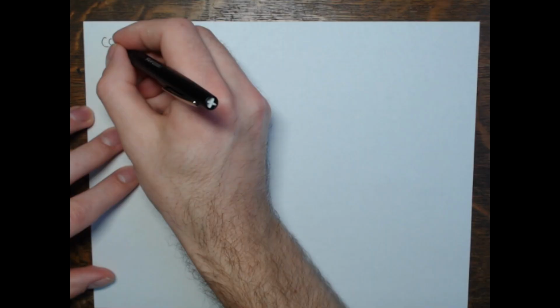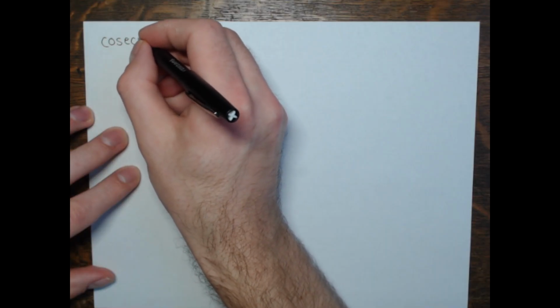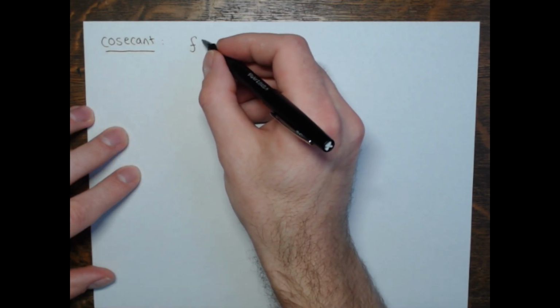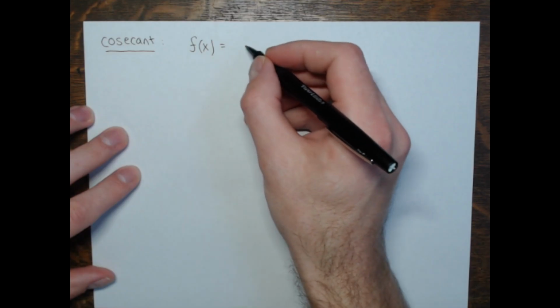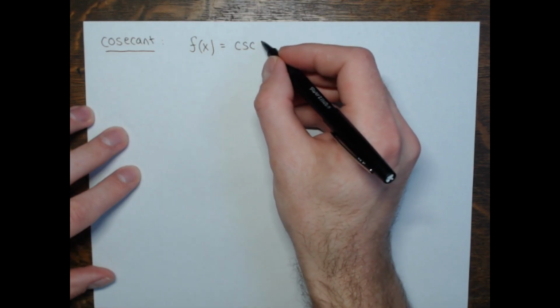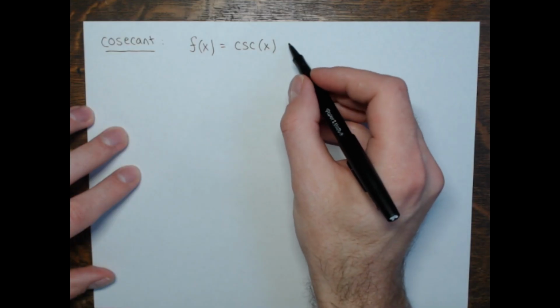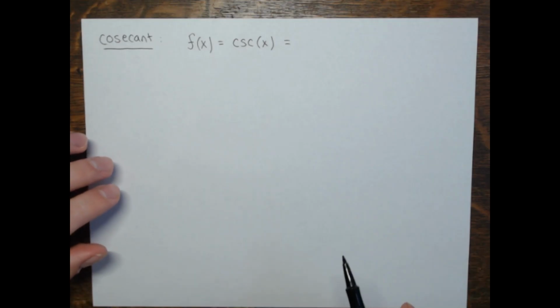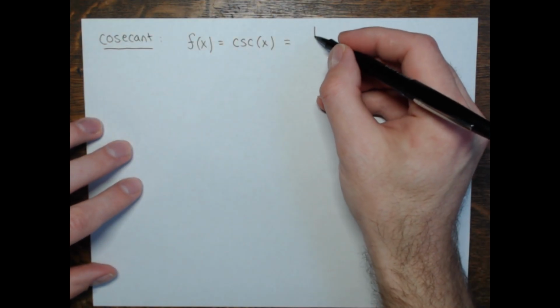All right, so one more, and then we'll finally get back into the questions of the assignment. So again, very similar. I'm going to do the quotient rule once more. So this is cosecant. So f of x, or y equals CSC of x, which, the way it's defined, is the reciprocal of the sine function.